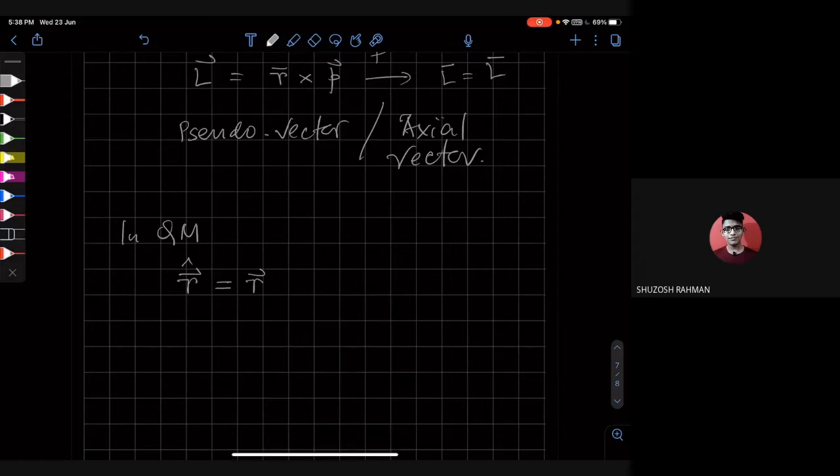But the momentum operator in the coordinate basis is given by minus i h bar, the gradient operator. So in quantum mechanics, the L operator is going to be replaced by an operator which will be given by R cross P.